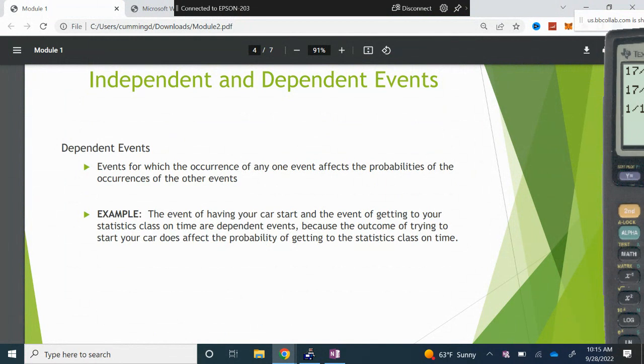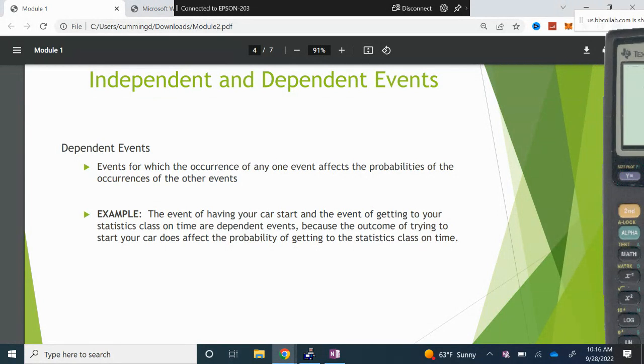Okay, now for something to be dependent, it would have to depend upon something else happening before it can happen. If something is independent, that means one event doesn't affect another event. Okay, so let's take a look at the definition and then some examples.